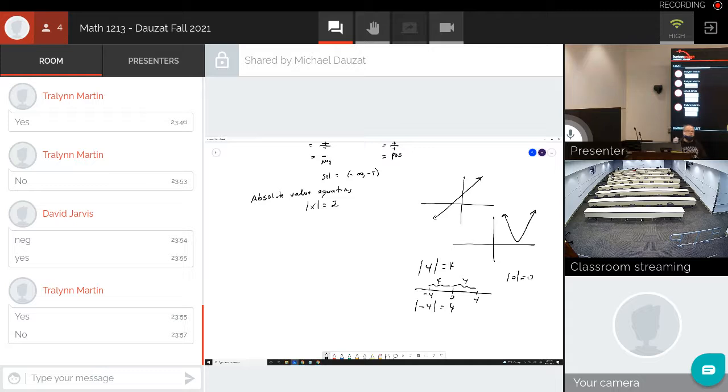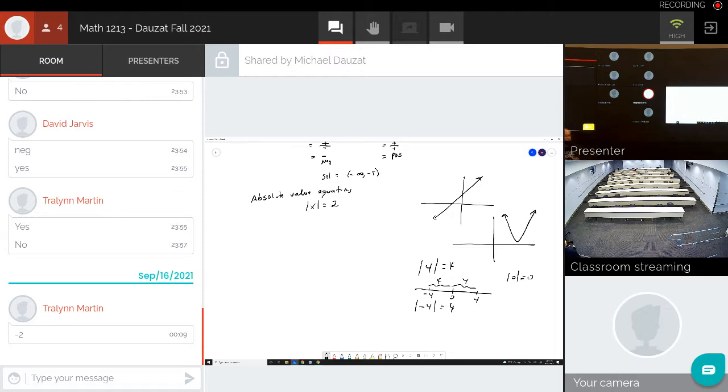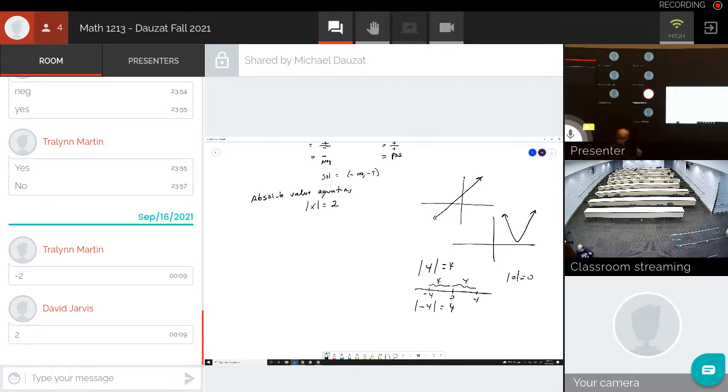The absolute value of what number is 2? In chat, tell me what you think it is. Let me see what they say first. Okay, Trillian says negative 2 and David says 2. Are they both correct, or is one incorrect? Okay, you think they're both correct?